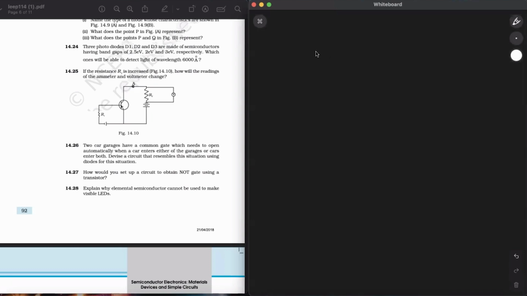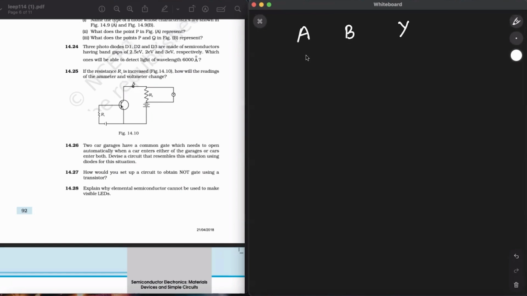I'll consider that Y is the gate and A and B are the two cars. Now, what do they say? The gate needs to open automatically when a car enters either of the garages or cars enter both.